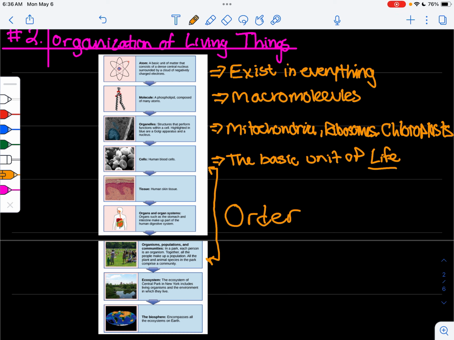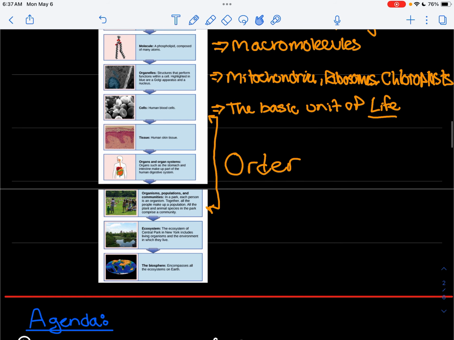Okay? Organisms can make up a population, and populations make up communities, communities make up ecosystems, and ecosystems make up the biosphere.